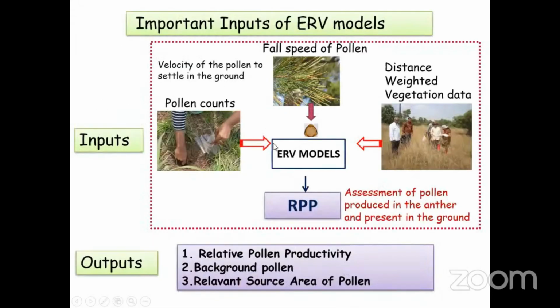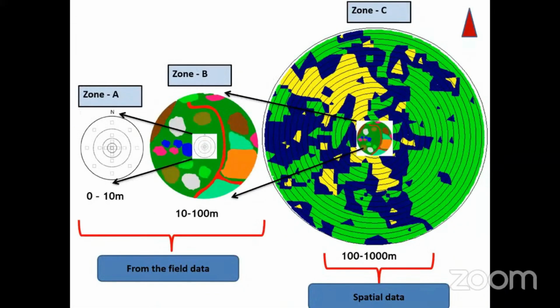So in addition to this field survey, which we do, and that's Navya there, and also Prasad, we also need the fall speed of pollen. And all this goes into the ERV models, and it gives us an estimate which is called the relative pollen productivity. It also gives us the background pollen and the relevant source area of pollen.